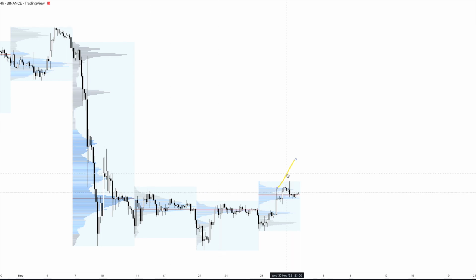Either we leave this value area to the upside and get a decent move, or we come back into last week's value area, and I would expect to chop around that 16.6 level. If we lose last week's value area, meaning if we lose this 16.2, 16.3, then I would expect a move further down to the downside.